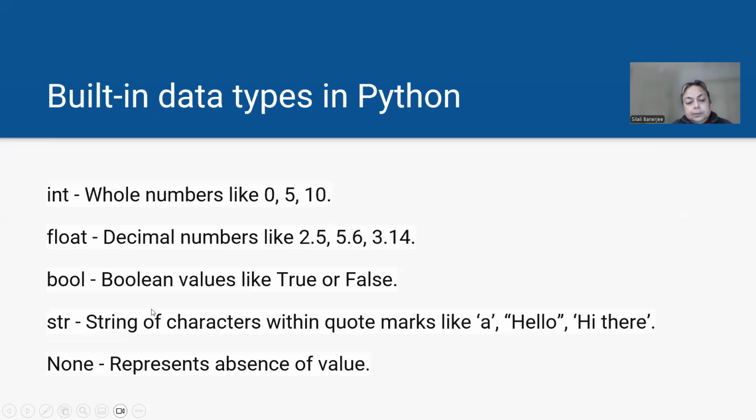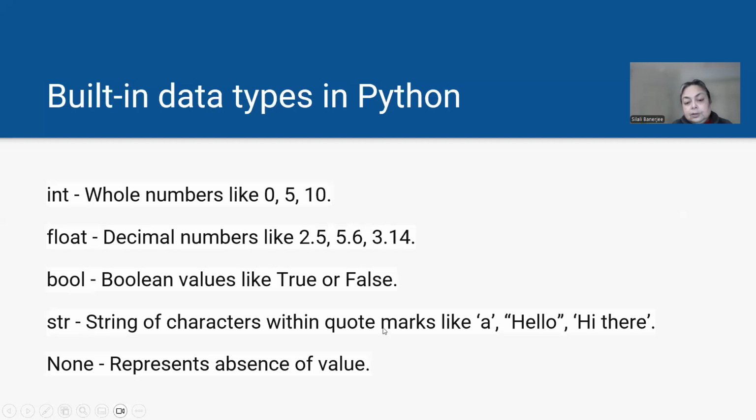Now, here are some examples. We talked about int, float, string, None. We haven't talked about bool. Bool is Boolean value. Bool is a variable that can take Boolean value like true or false. For example, if a variable is called isStudent, if you say isStudent equals true, that means that is true. And if it is false, then it is false.